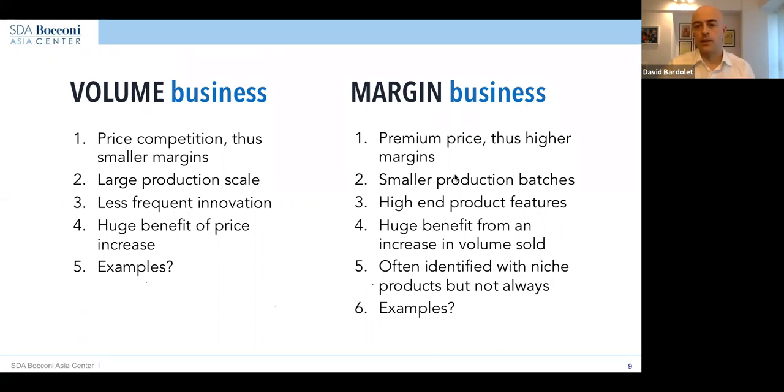In a margin business, price is premium, margins are healthy. You can see that for a volume business, production tends to be larger than for a margin business. Just if the emphasis is in number of units, of course you end up producing much bigger amounts or numbers.